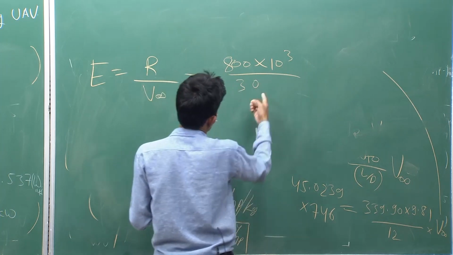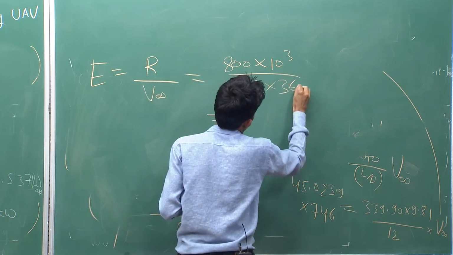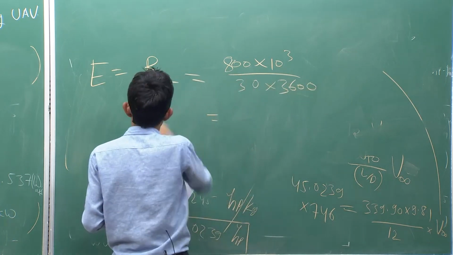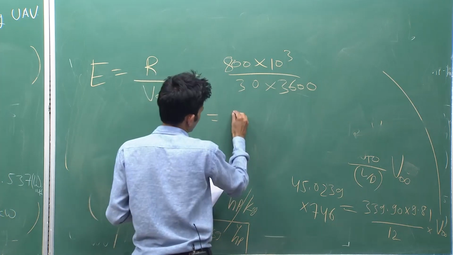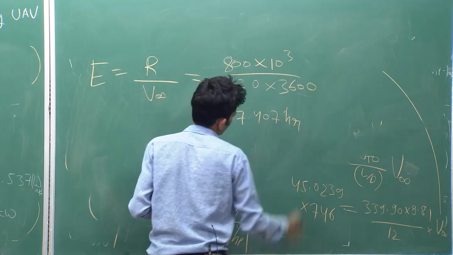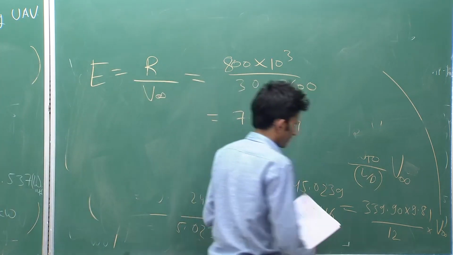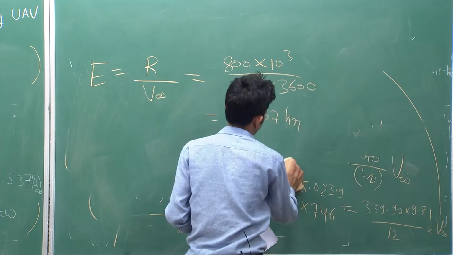If you divide by 3600 you will get the endurance in hour. So, that will be 7.407 hour. Okay. This will be your endurance.